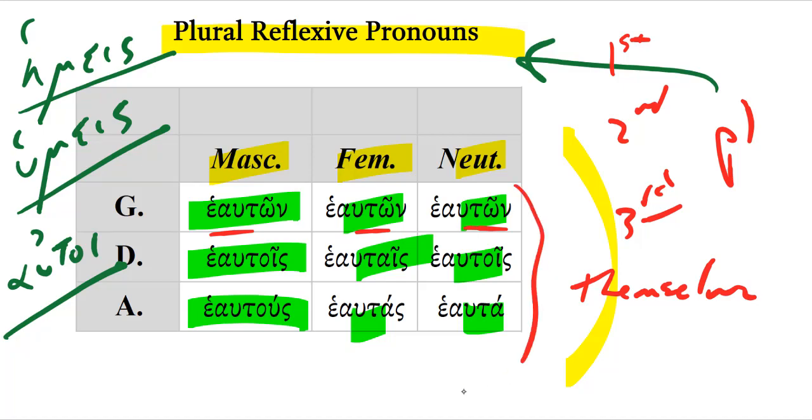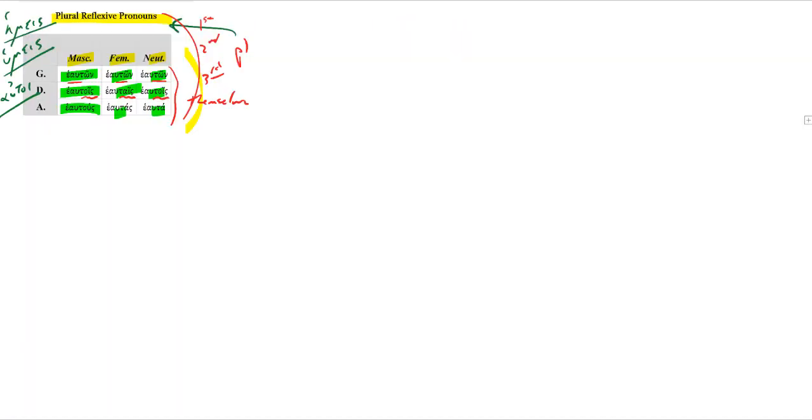Greek is more specific in the particular form, specifying whether it's men giving thanks to themselves, women giving thanks to themselves, or perhaps teknon, a neuter entity, children giving things to themselves. Okay, so that's more detail than I really wanted to give on the plural reflexive, but we've had students confused in the past, so I thought I'd try to explain that.